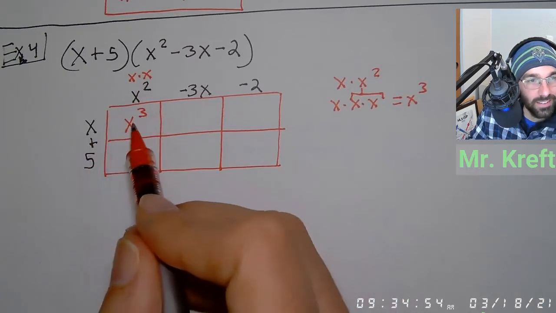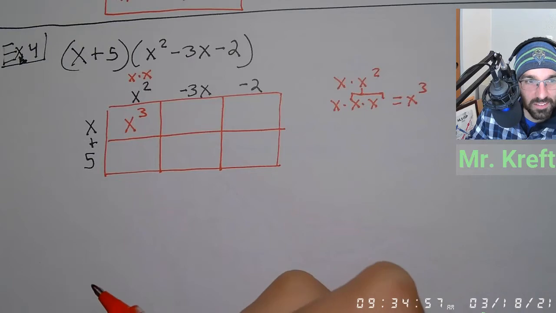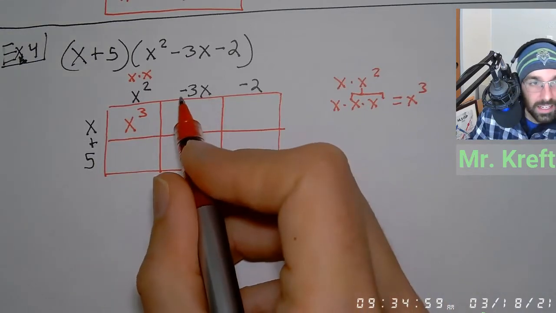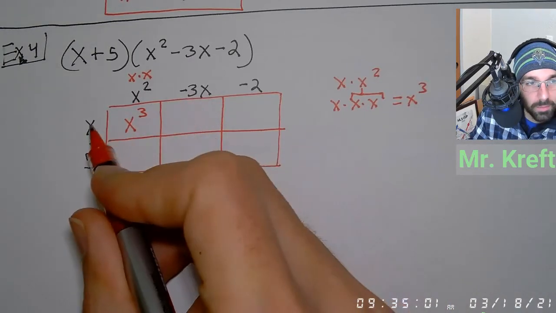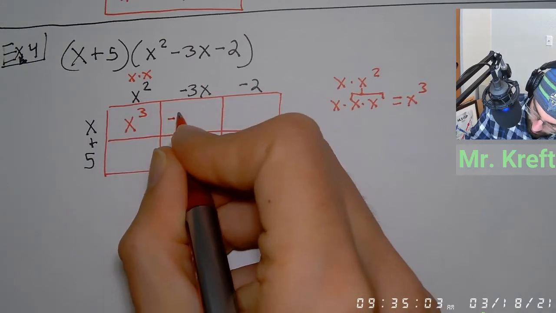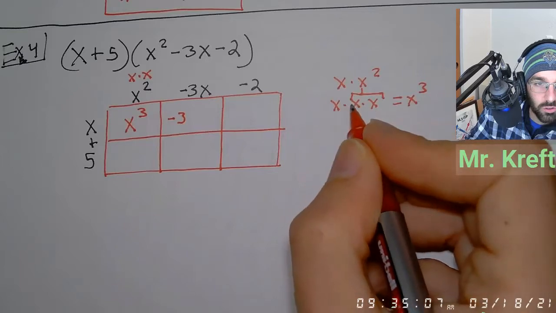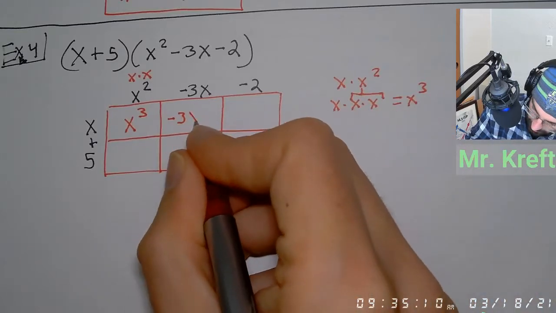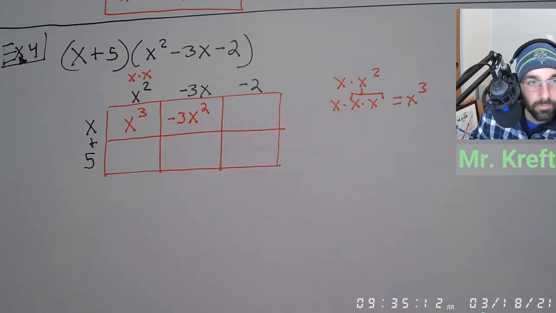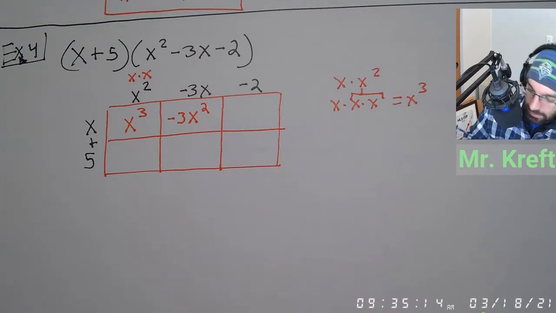Okay, so I have x squared times x. I have 3 x's. Then here, negative 3 times 1, right? So we do our whole numbers first. So that's negative 3. And then x times x, that's 2 x's. So that's negative 3x squared.